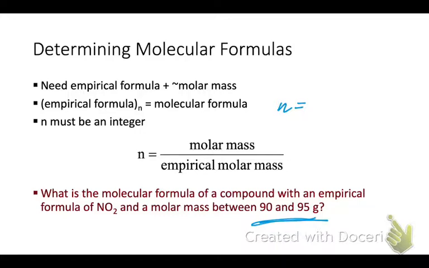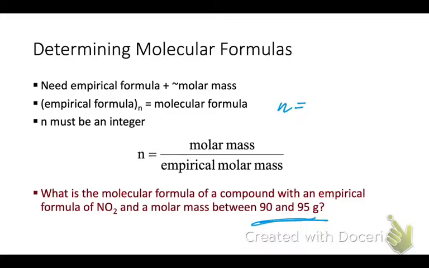They didn't give me the exact molar mass. They told me it's somewhere between 90 and 95. The answer, and I'm going to show you how mathematically, doesn't really matter. You can pick either because N has to be a whole number, so you are going to round anyway. If you go to the lower end, you're going to round up. If you're going to the higher end, you're going to round down.